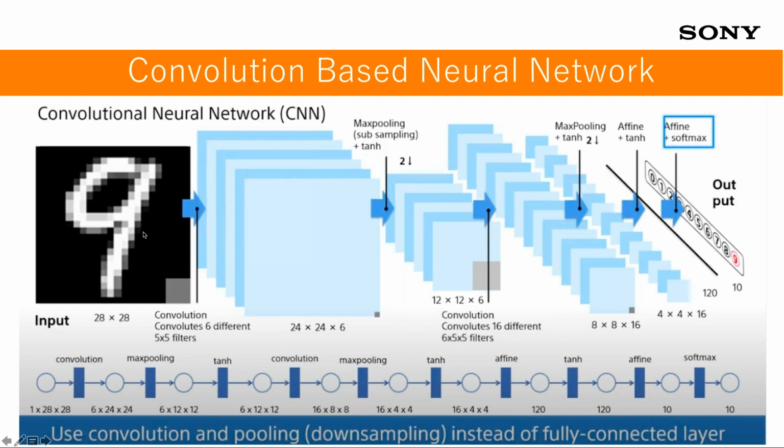So we had a 28 by 28 picture, and then we picked a 5 by 5 filter, and we passed that filter over this input picture, and then we generated 6 pictures, but this time they are 24 by 24.